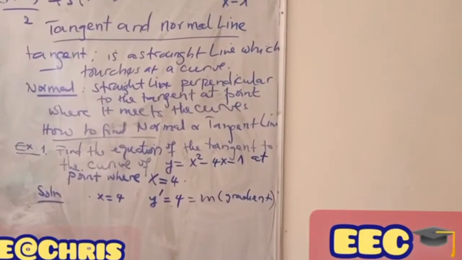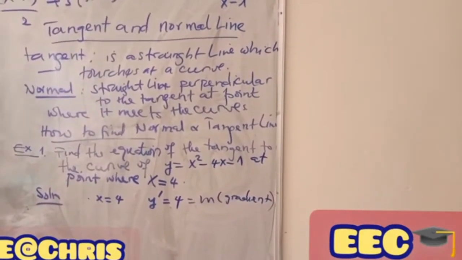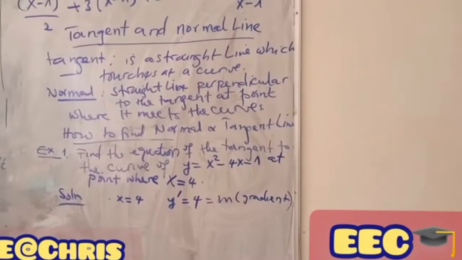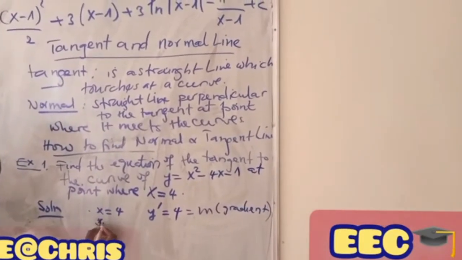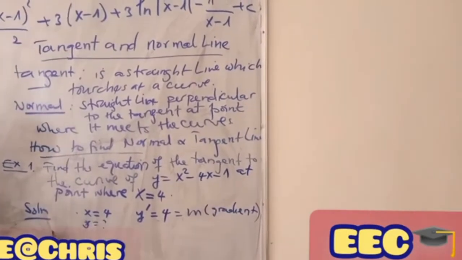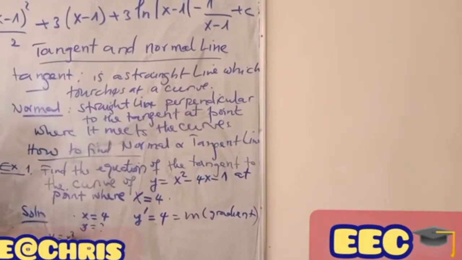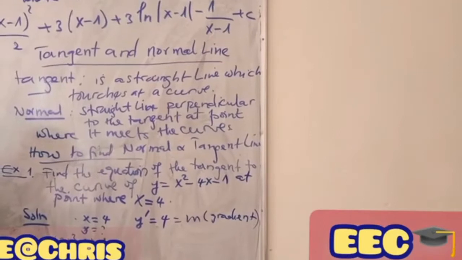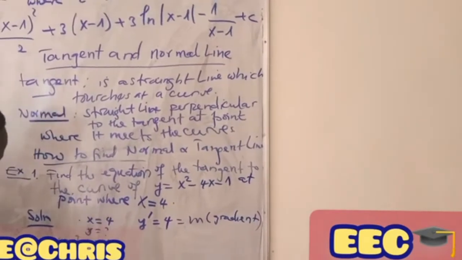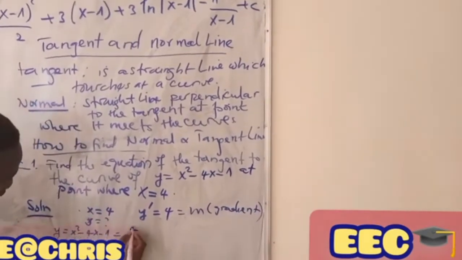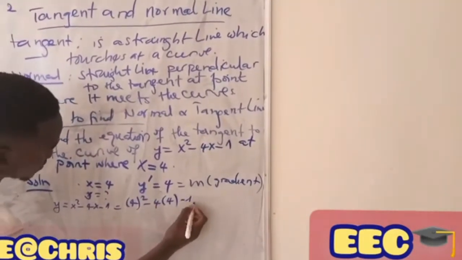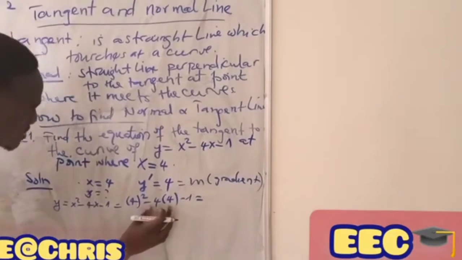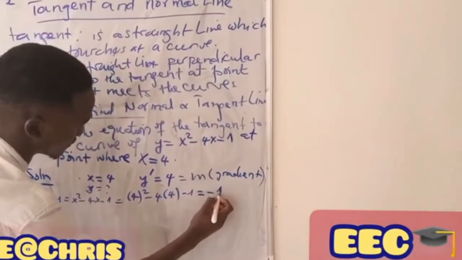Here we find y. If you have x, you have to find y. If y is equal to x squared minus 4x minus 1, then placing the value of x in this function gives 4 squared minus 4 times 4 minus 1, which is 16 minus 16 minus 1, equal to negative 1.